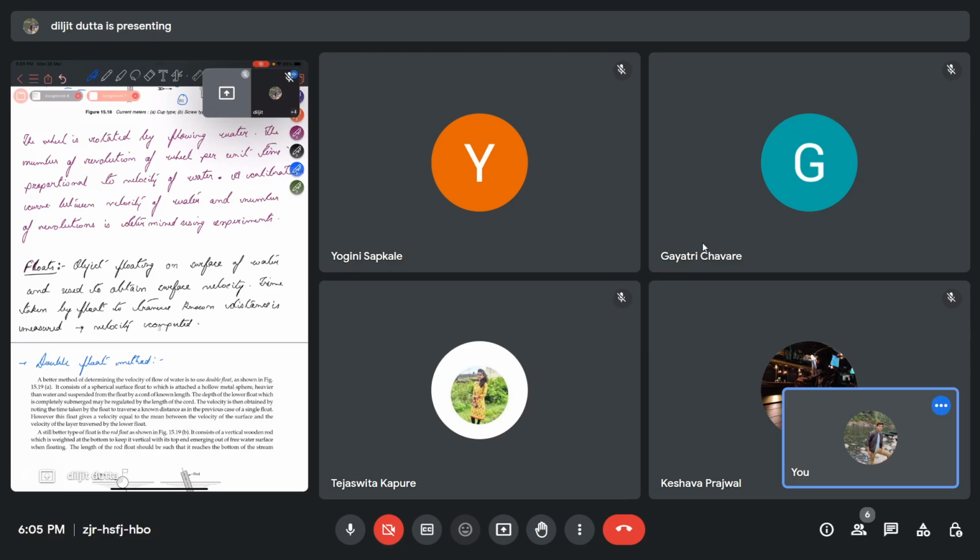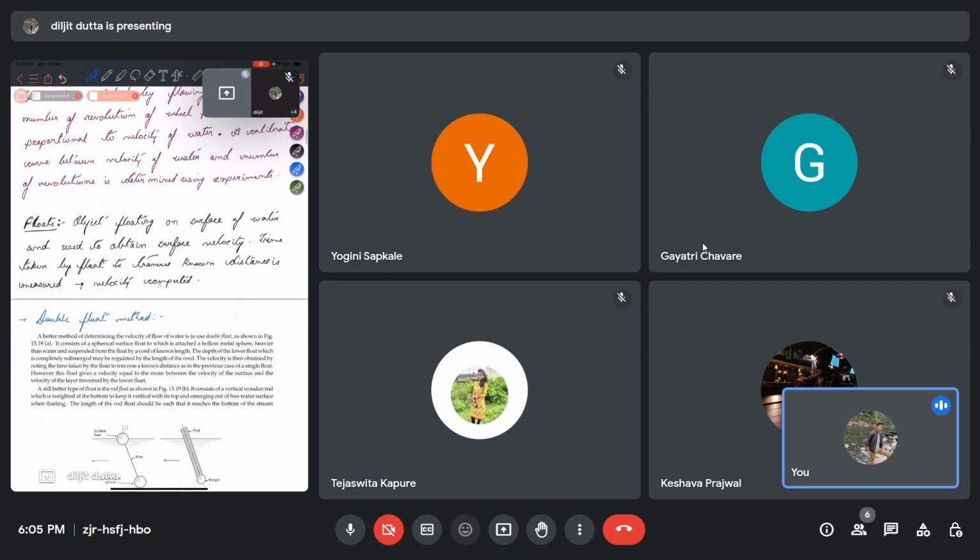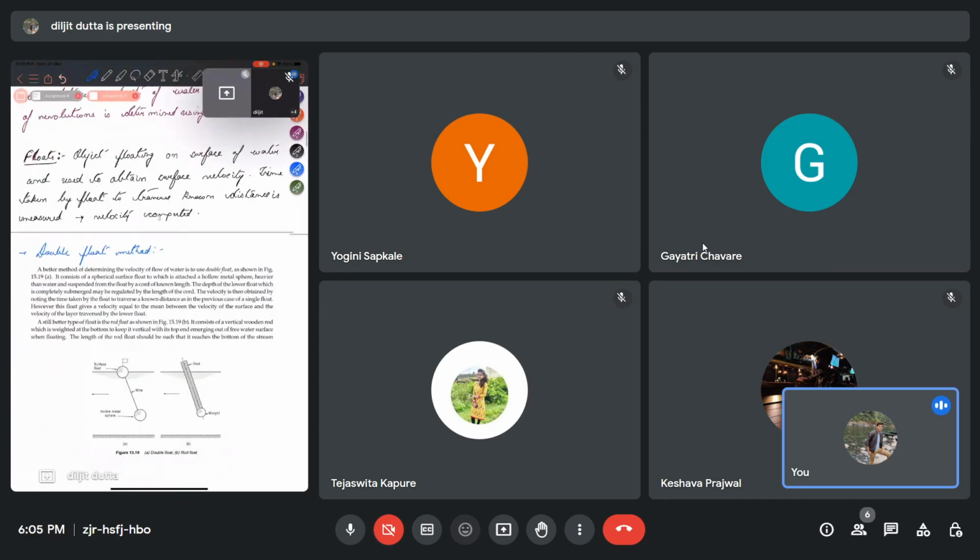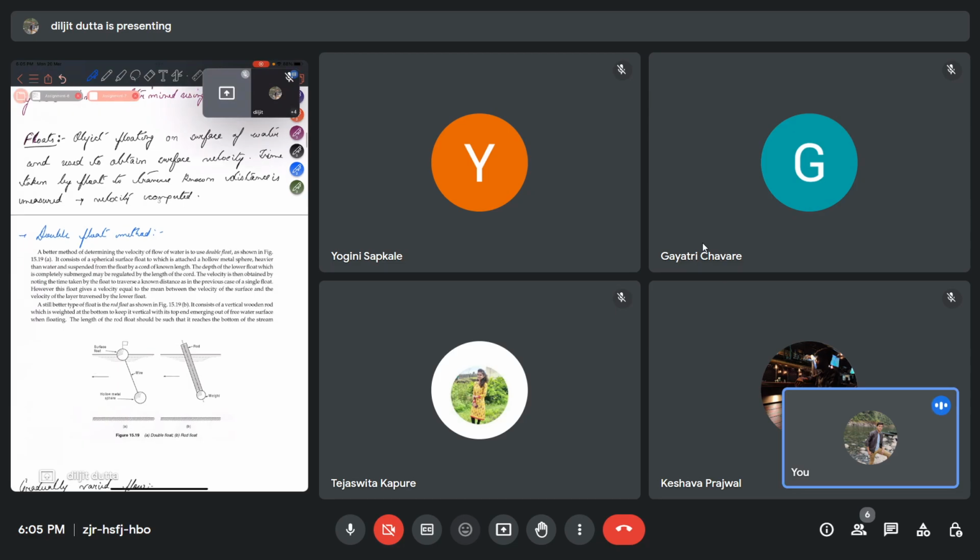In a river the flow velocity is mostly unidirectional, that is only along the length. But in coastal areas, the flow velocities can be in both x and y directions. In that case, the float is generally used for measuring the surface velocity. So what is a float? This is the figure of a float.